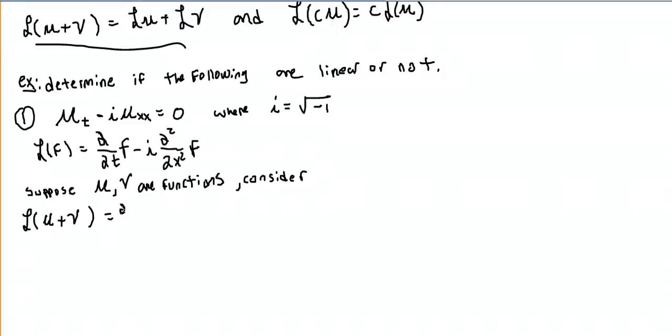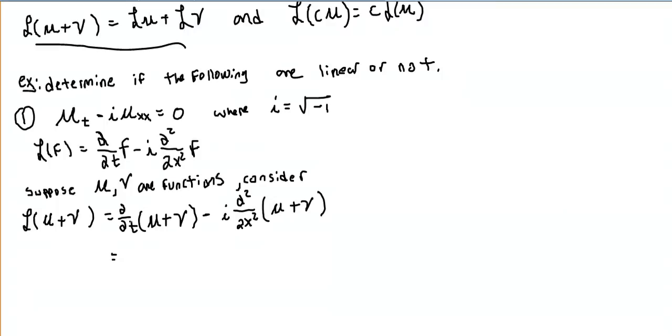So we have partial with respect to t of u plus v minus i times the second partial derivative with respect to x of the function u plus v. Well, what is this equal to?